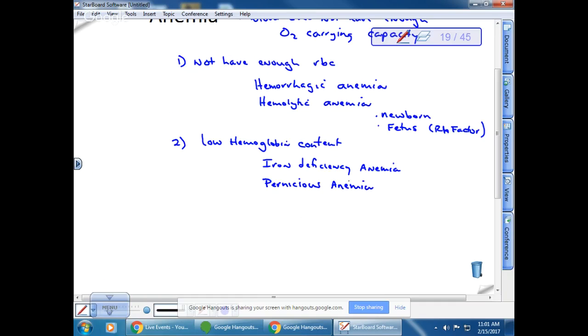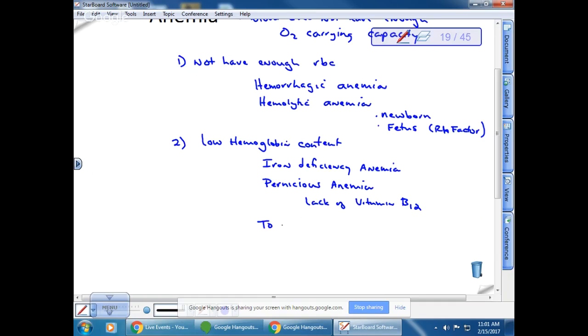And this has to do with a vitamin deficiency, and it has to do with lack of vitamin B12. Now, most of us get enough vitamin B12 in our diets. However, in order to absorb it, you have to have the stomach producing a hormone called intrinsic factor.